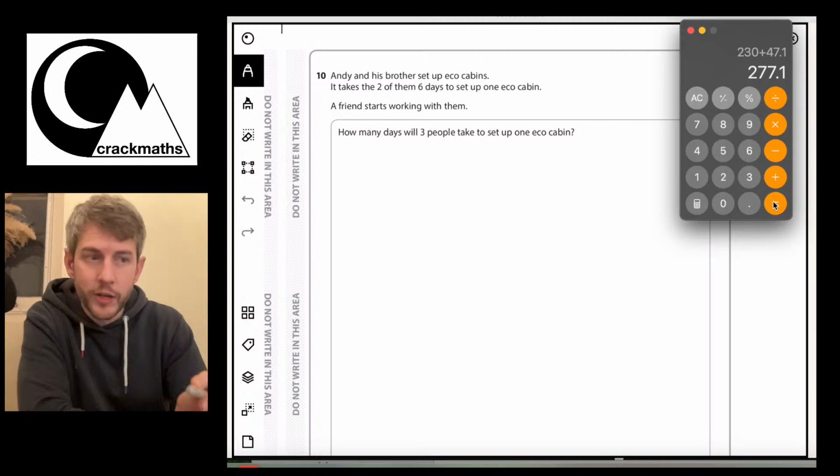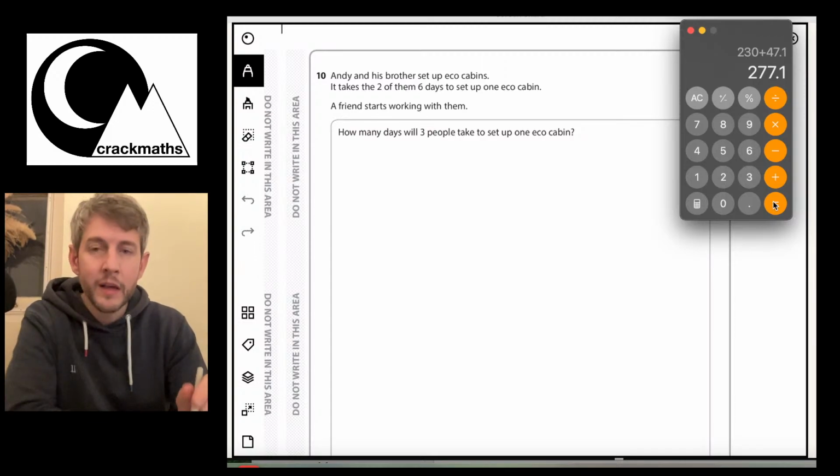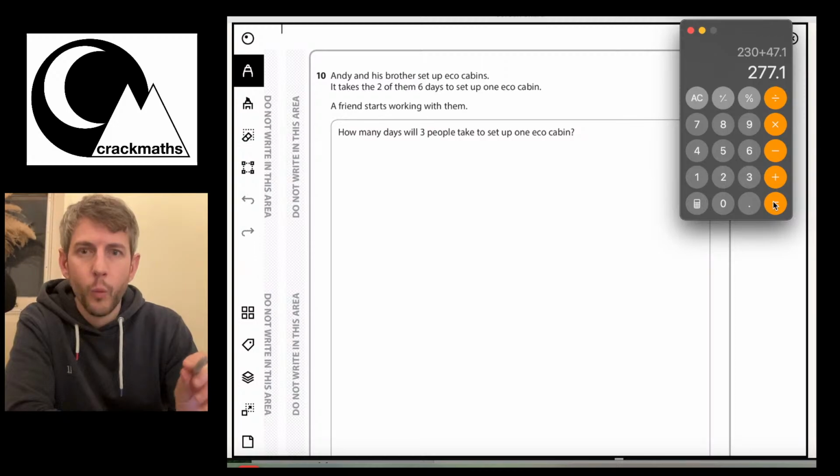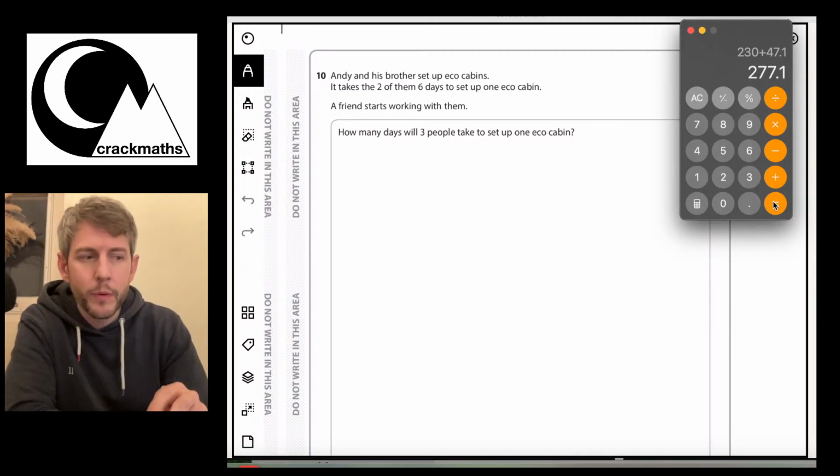But what we have to do is think about how long it would take for one person to set up an eco cabin. So remember, one person is going to take more time to set up the eco cabin than 2 people. And 3 people are going to take less time than 2 people.